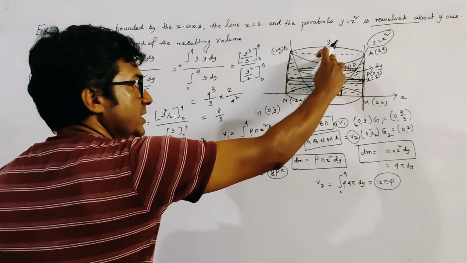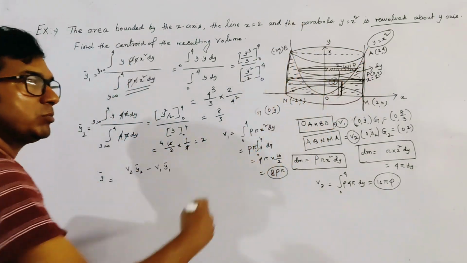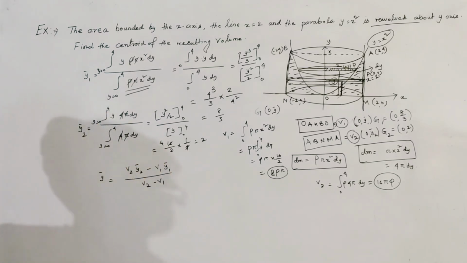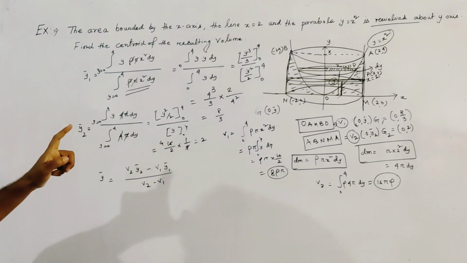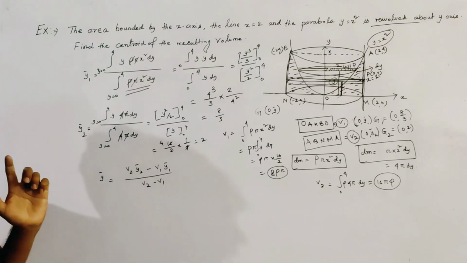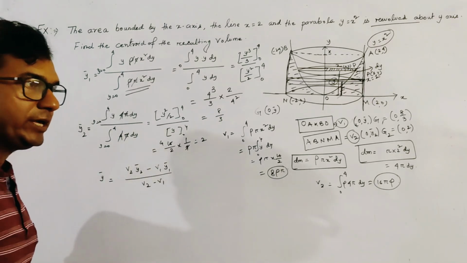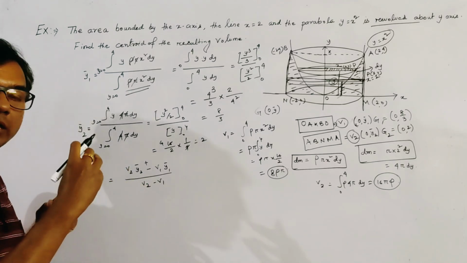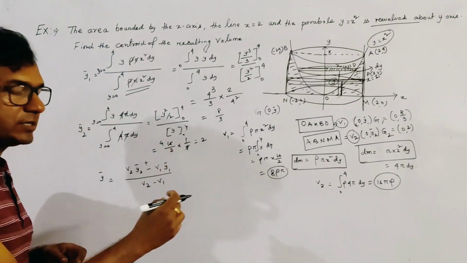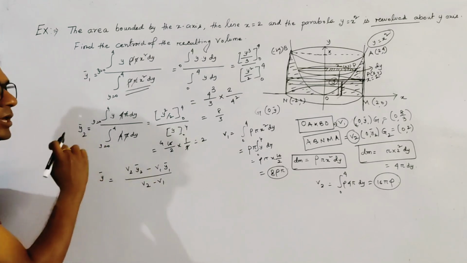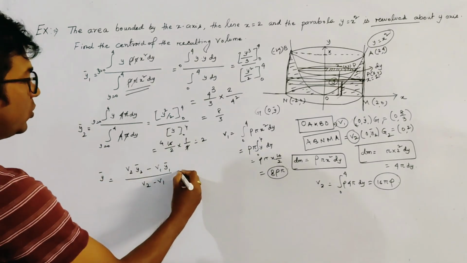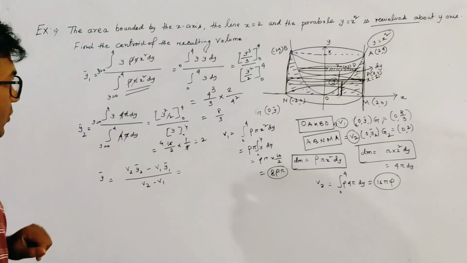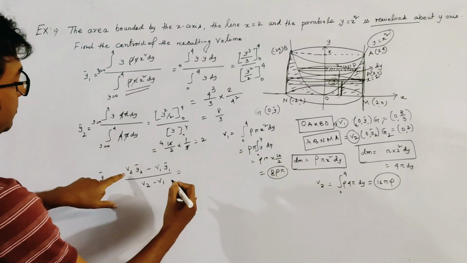We subtract this body to get the required body by V2 minus V1. Okay, this is the formula of CG of combined body. If we add two bodies, then there will be plus, and if we subtract one body from another, then here minus. Okay, now put the value of V1, V2 and y2, y1, and we get the result.